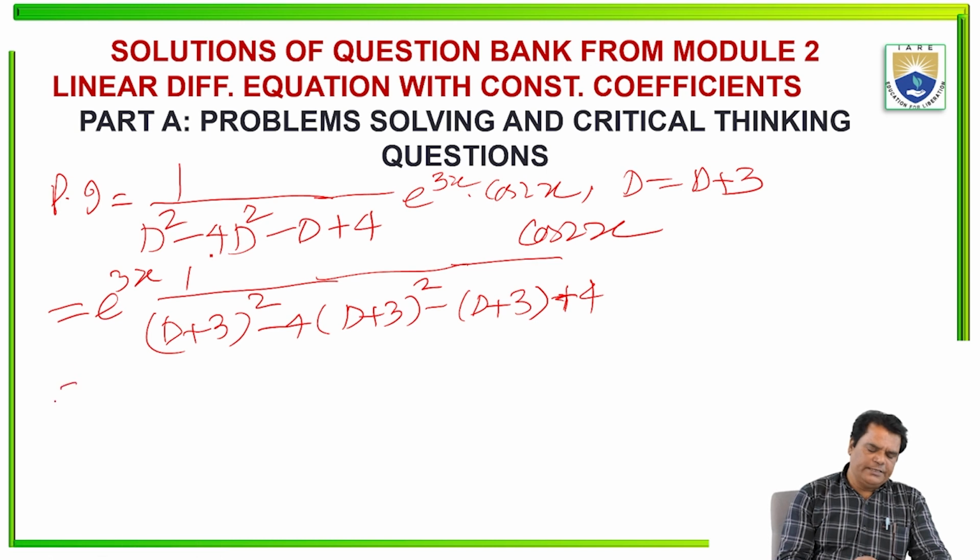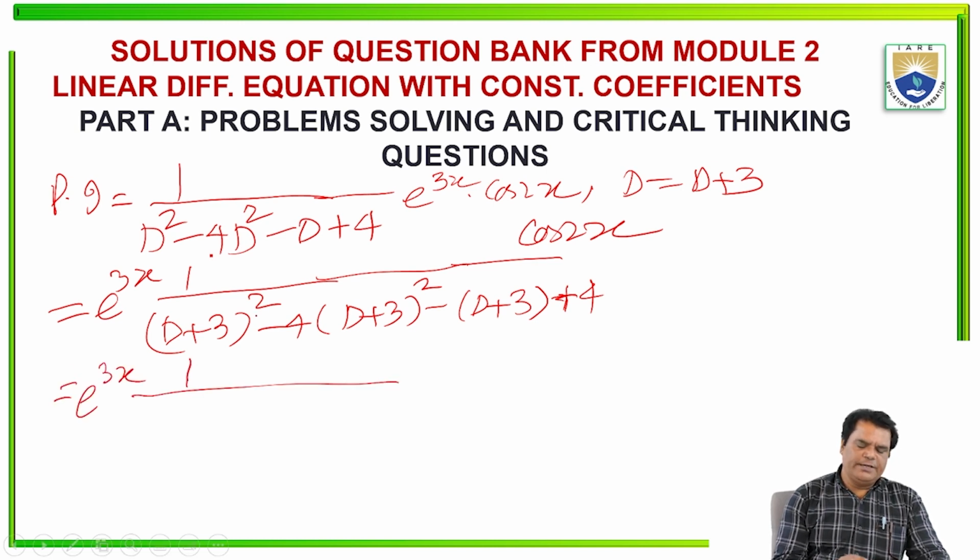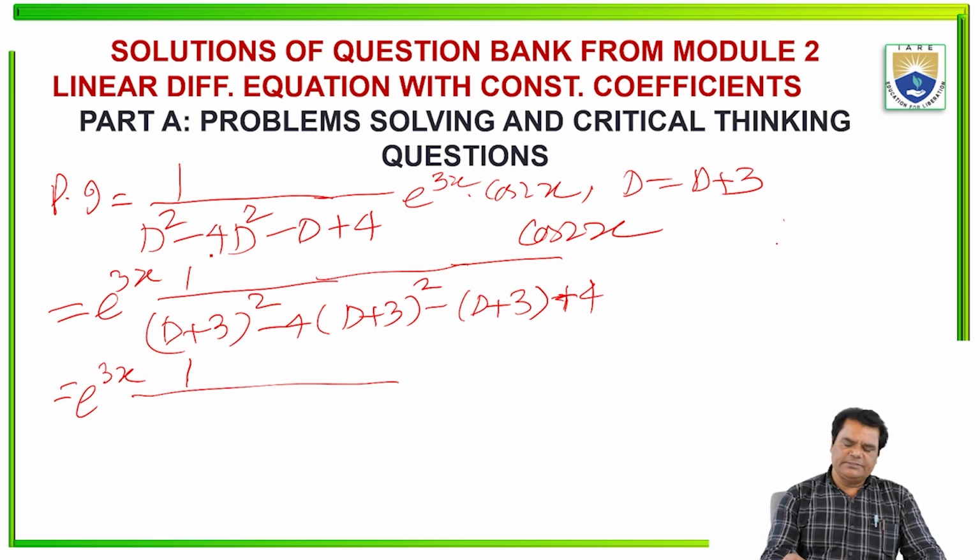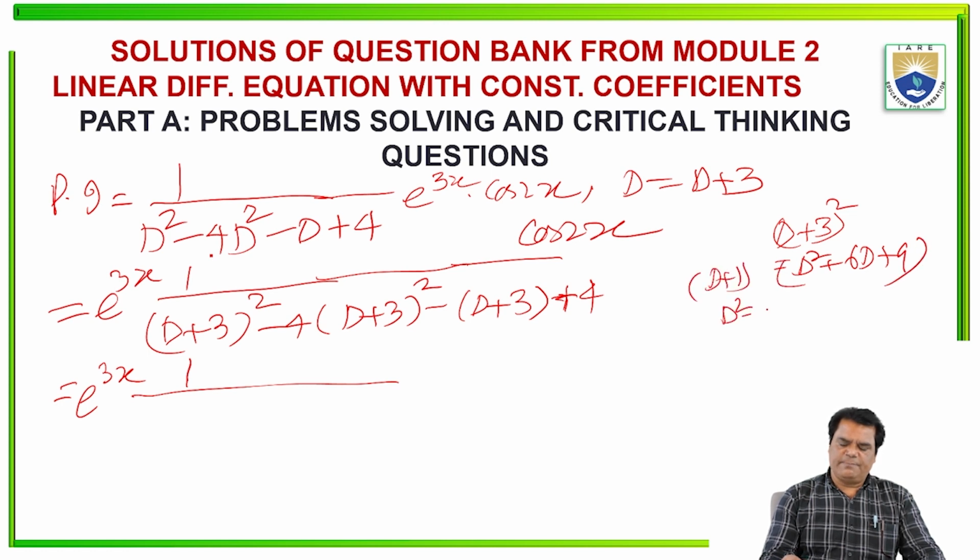So after opening this, e^(3x) 1 upon... how can we open this? (D+3) whole cube, (D+3) whole square is D² + 6D + 9. Now again D+1, so D² + 6D + 9 gives D³ + 6D² + 9D, and plus D² + 6D + 9.